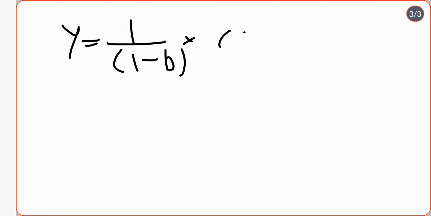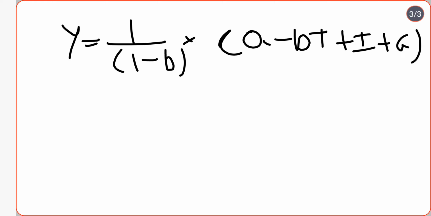Now the identity is the same: 1 by 1 minus b into a minus bt plus I plus g. Now what is the government budget multiplier?